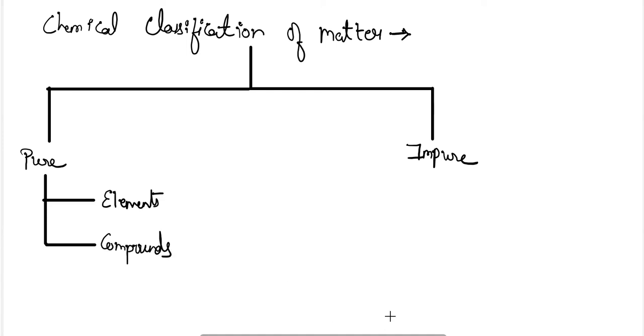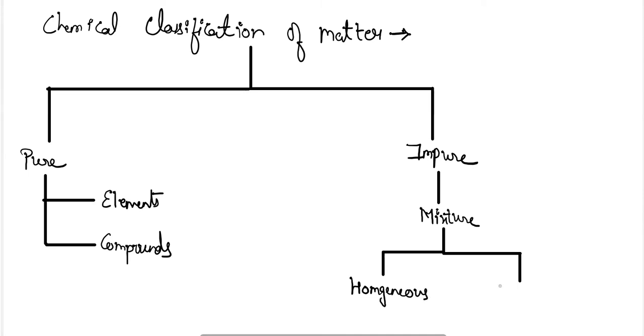The impure substance is classified as a mixture, and the mixture is further classified into two parts: homogeneous mixture and heterogeneous mixture.